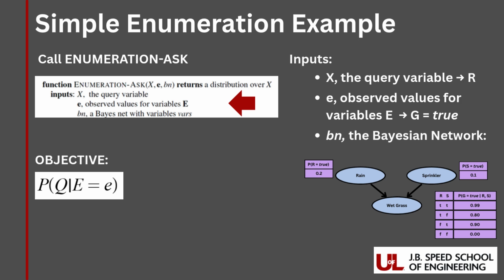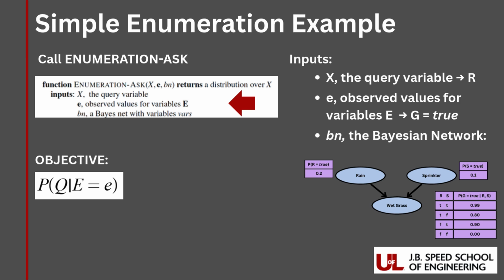And so the variable x in this case is going to be the event that it rained. All right. And then our evidence, our observed values for variables, is going to be the grass being wet.